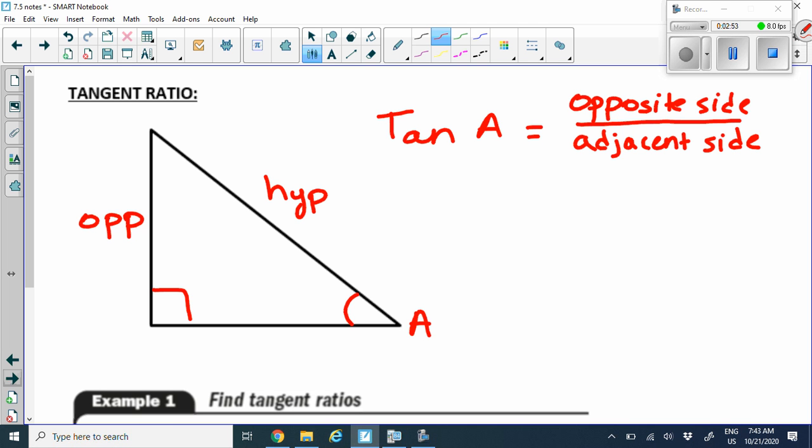So we can't really use that here. Instead, what we have to use is the other, which is a leg. So we always want to make sure we have legs here. You can say opposite leg and adjacent leg, which might help you a little bit better. So that is going to be our tangent ratio: the opposite leg over the adjacent leg.